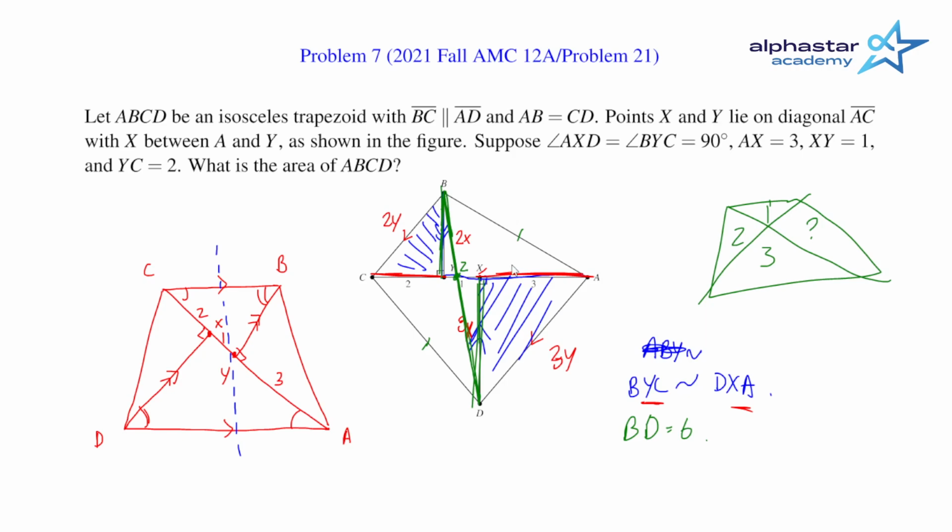We can think of it as this triangle BCZ over here and the corresponding DAZ, right? But we can see that we have more than enough information to now finish the problem.